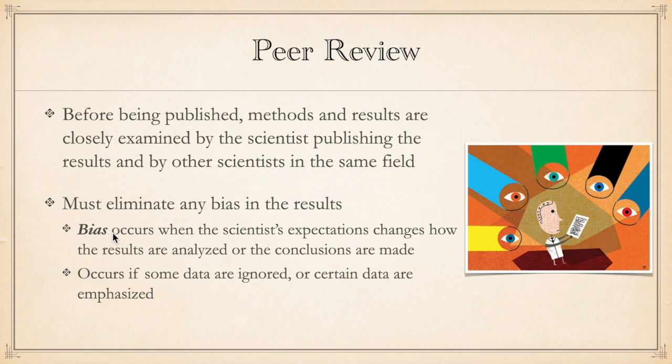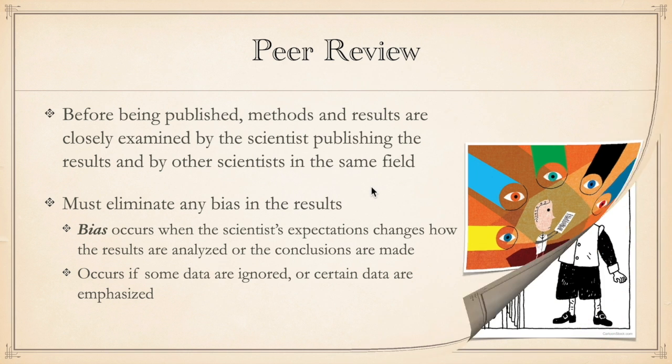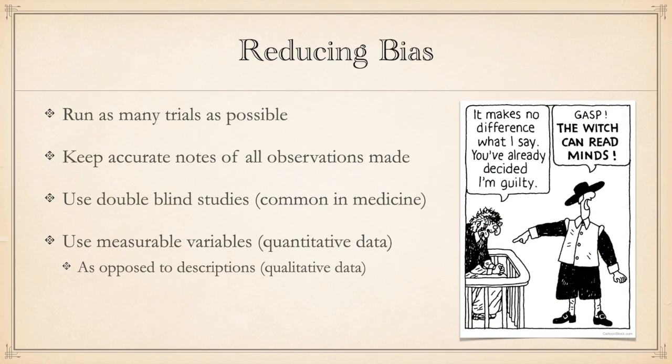So you're going to have a bias to that working, and you're going to look for any data you can to show that it works. So this occurs if some data are ignored or certain data are emphasized. That can result in bias. And again, the whole idea here is other scientists basically get copies of anything that's about to be published and they read through it and suggest changes.